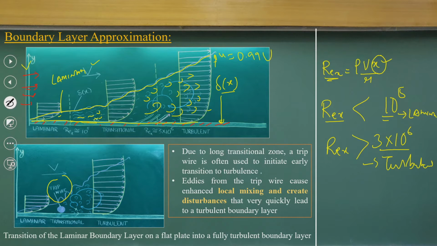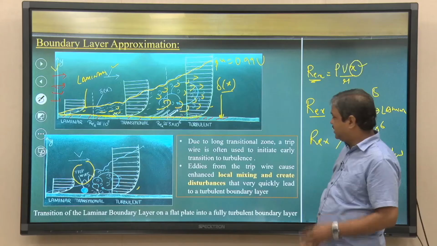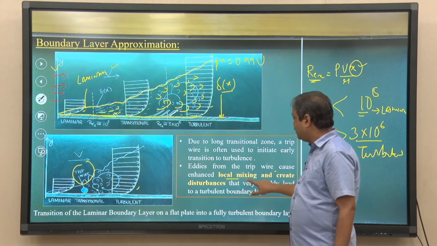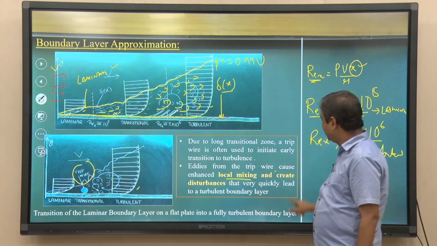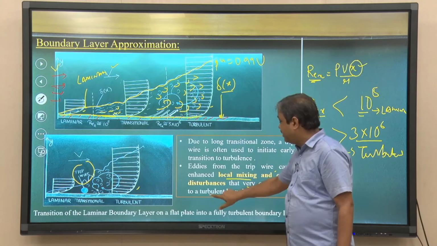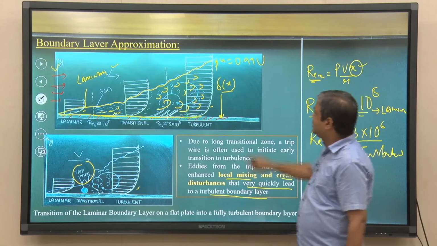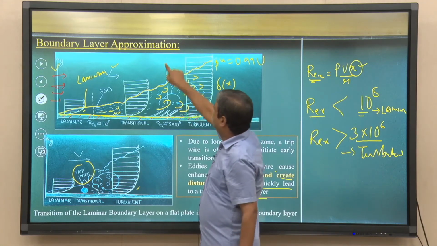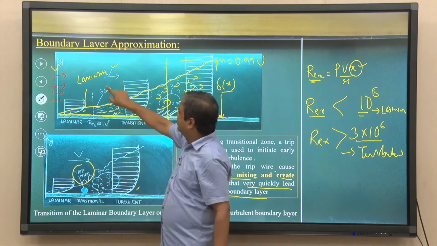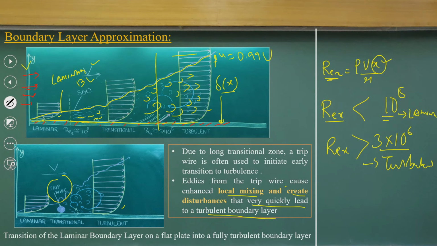So, it does not allow it to grow. That is my point. From an engineering point of view, we try to avoid these transitional zones, which cause enhanced local mixing. That is the turbulent behavior, creating the disturbance that quickly leads to a turbulent boundary layer. The turbulent boundary layer starts from here, and this is the region of the laminar boundary layer.